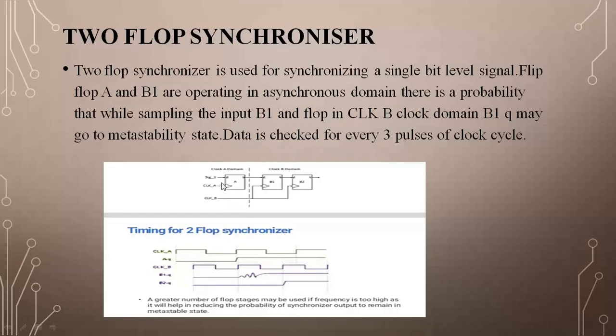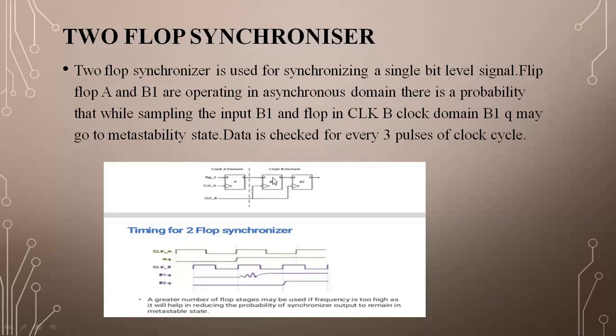So here we are using two flops as the synchronizer. When input is passed to the first flop, the output we get is in some metastability condition, and that output is passed to another flop.